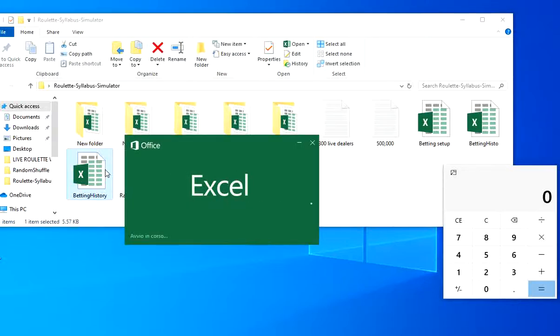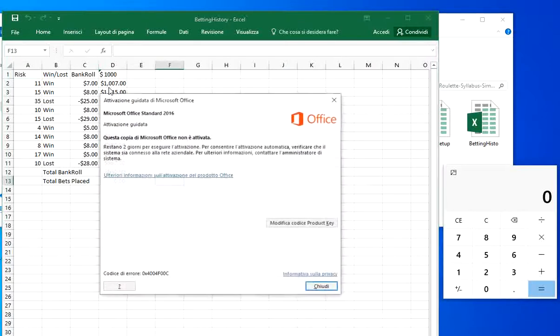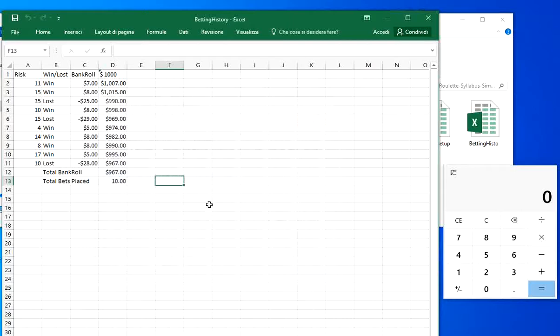So we ran 50 spins, built-in RNG, and let's see. Good. So this is it. For 50 spins, a setup of 15, drop down 15. We started with the bankroll of 1,000, which is hard coded.